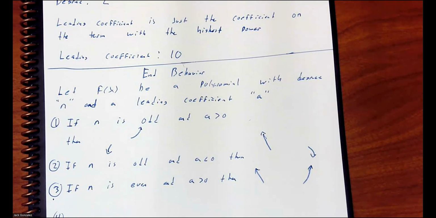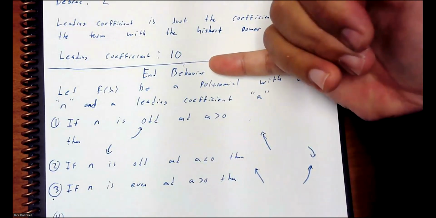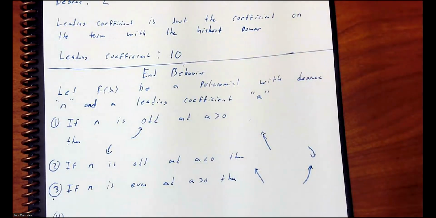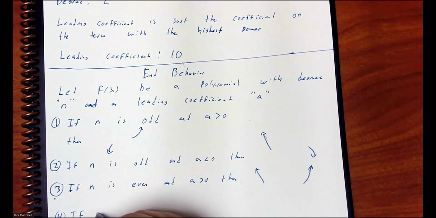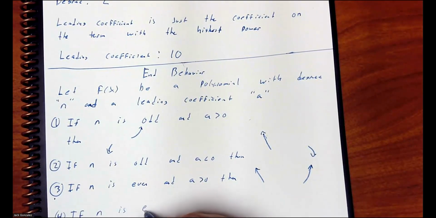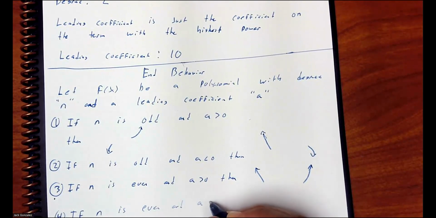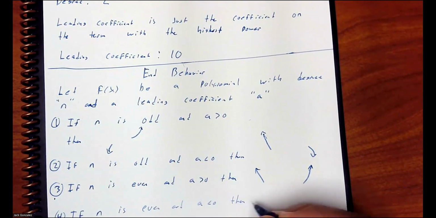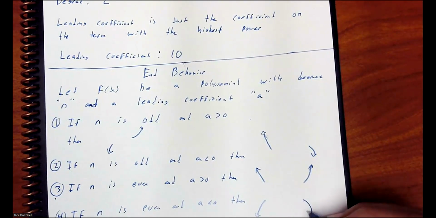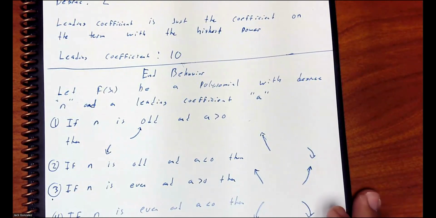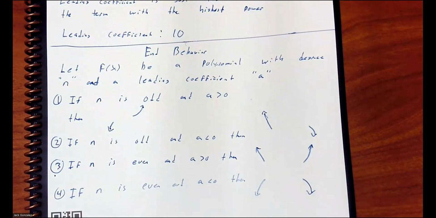We just know this for sure. It's like a hint, I guess. So that's what I mean by end behavior. If n is even and a is less than 0, then that's the opposite, right? Just pointing down. Just the ends.